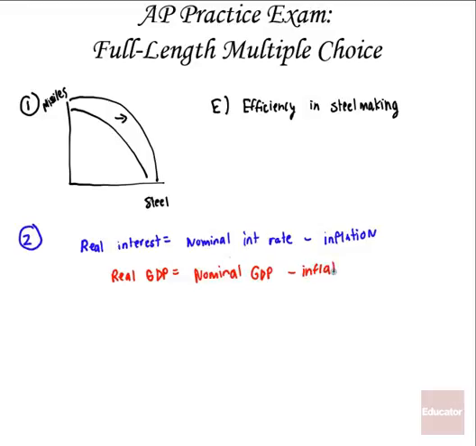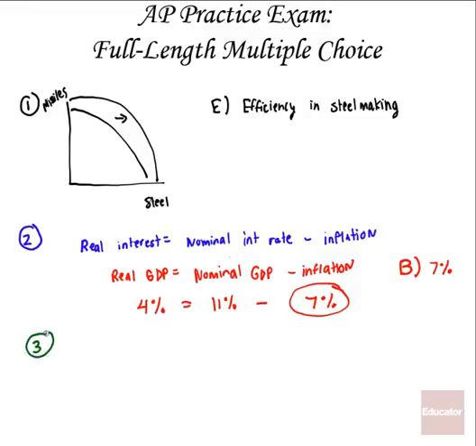It works just the same, except here the nominal GDP grew by 11% and the real GDP grew by 4%. So basically they're asking what is the rate of inflation? 11 minus what equals 4%? So the answer is 7%, and the answer here is B, 7%.